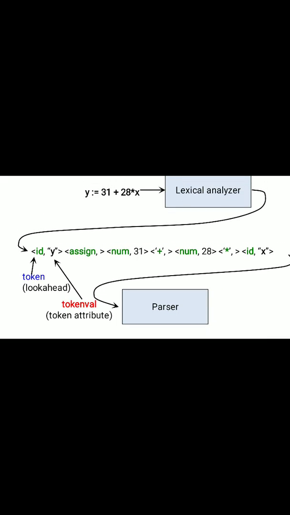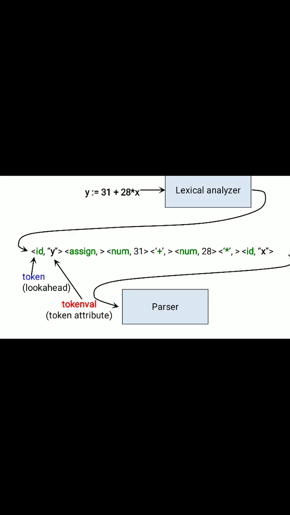Initially y is there, and after that an assignment operator is there, so it treats y as an identifier, and the value of that identifier is y. It means it's an attribute. You should understand why this attribute is required: your lexer treats it as an identifier, but which identifier should it be? So whenever it is storing an identifier in the symbol table, it always stores it along with its attribute value.